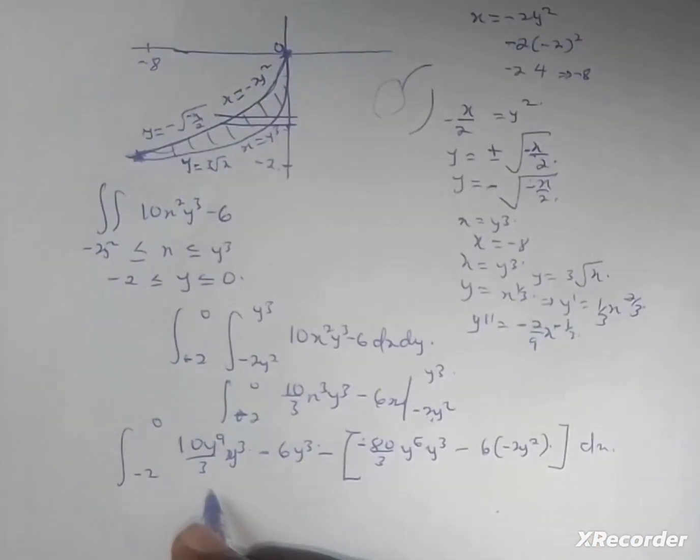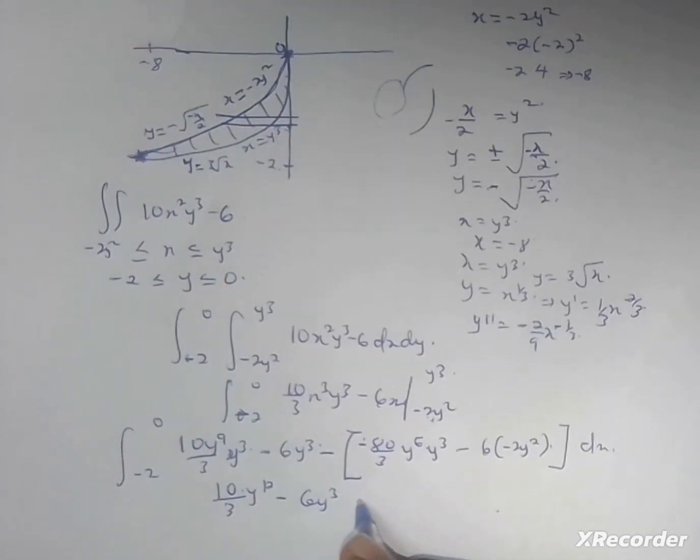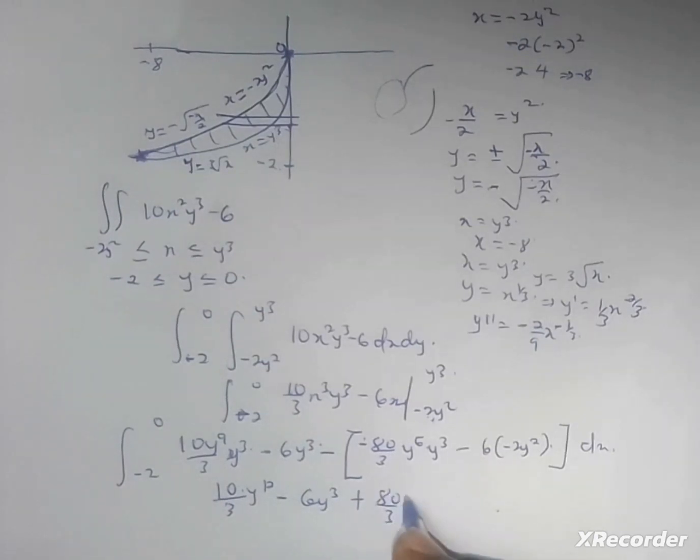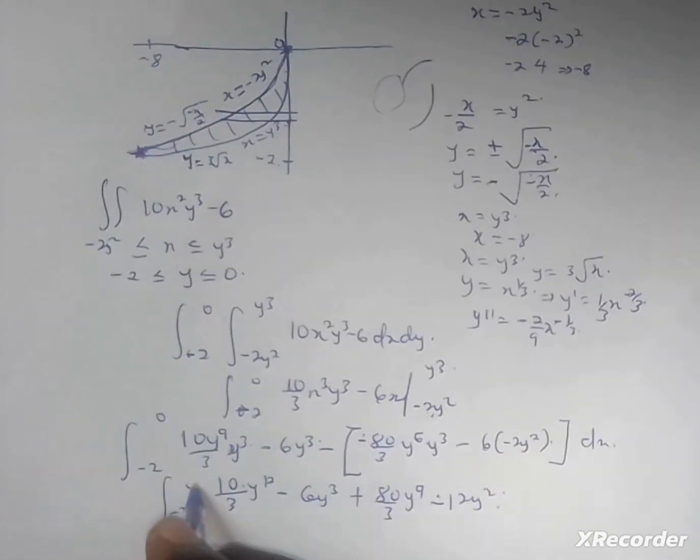So I further simplify, I'm going to get 10 over 3 y to the power 12 minus 6y cubed plus 80 over 3 y to the power 9. Then here is going to give me plus 12y squared, so minus 12y squared, integral negative 2 to 0.